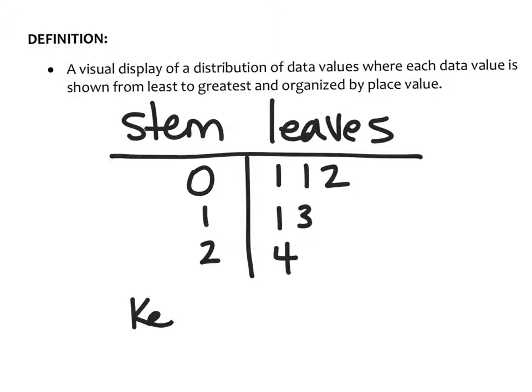I use a key to show how to read the graph correctly. I also showed you in this lesson how to determine measures of center, measures of spread, the 5-number summary, and the shape of distribution by interpreting the data given to us in an existing stem and leaf plot.